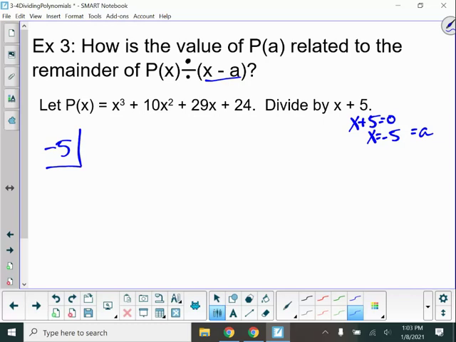So my coefficients in my polynomial, I'm not missing anything from the x cubed down to the constant term. So I have a 1, a 10, a 29, and a 24.